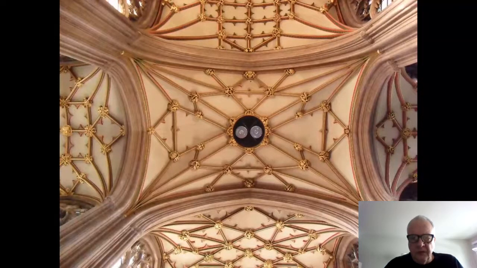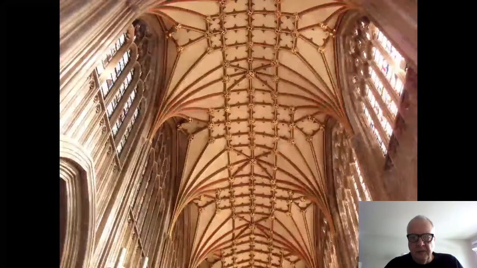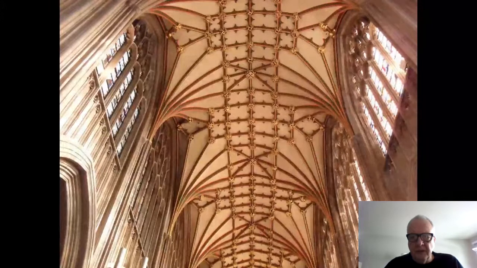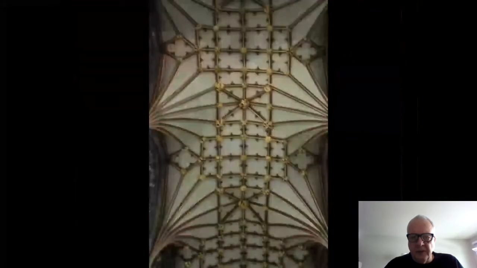The curvilinear choir down below and the perpendicular nave style up above. And there's the perpendicular style nave vault with the 3 ridge poles and the cusping and the gilded bosses. Again, the high clerestory windows and no triforium in the elevation.